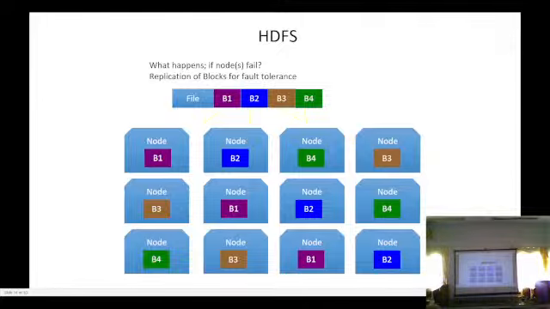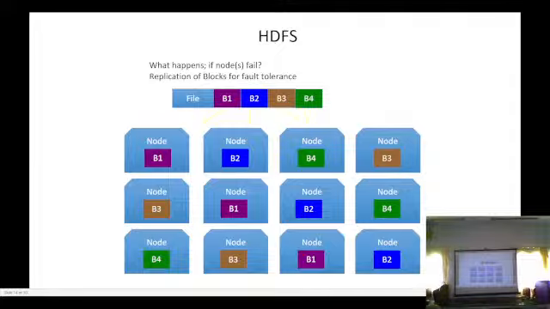Here we can observe B1 stored in one node, and another node also has B1, and B2 here and here. So we will have multiple replicas of the same data for fault tolerance. If this node has a problem and is unable to be accessed, we can access it from this node.